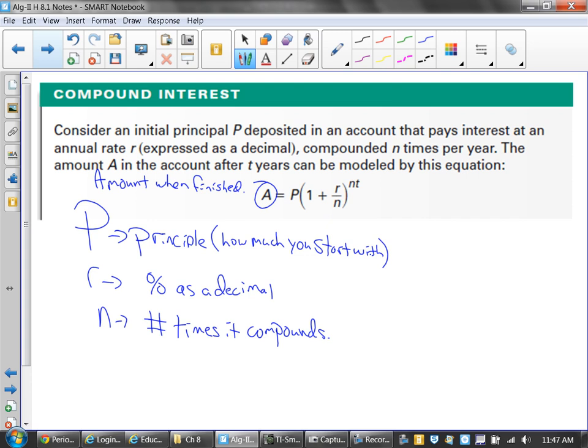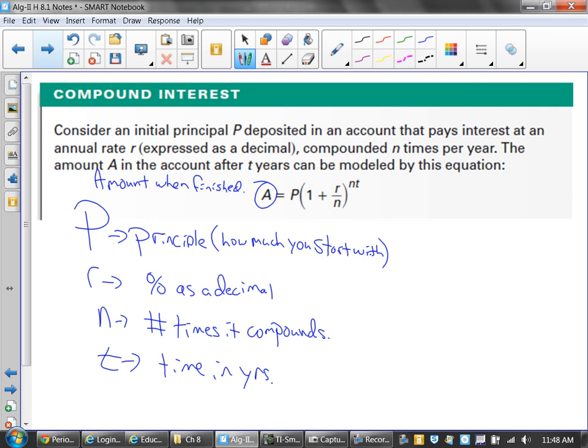So if you go to the bank and you're going to put $500 in a savings account, I'll write this up in a second. If you go to the bank and you have $500, you want to start a savings account. The bank savings account might give you 2.5%. I don't even think it's that much. Maybe 1.5%. We'll just say it's 2.5% for fun.